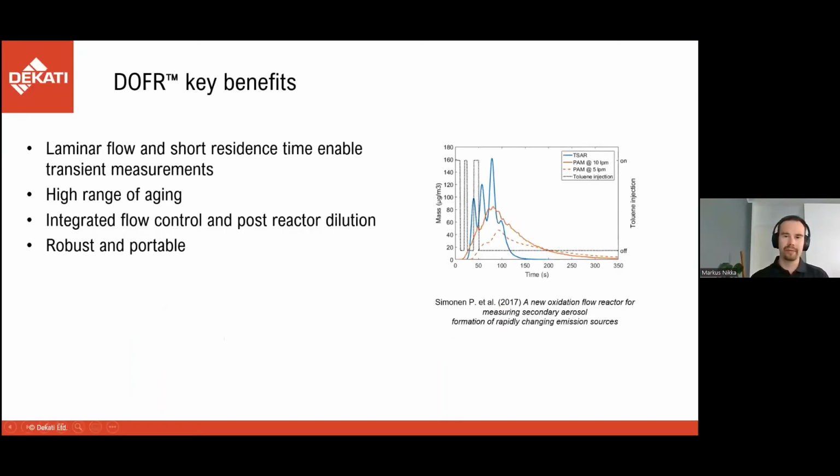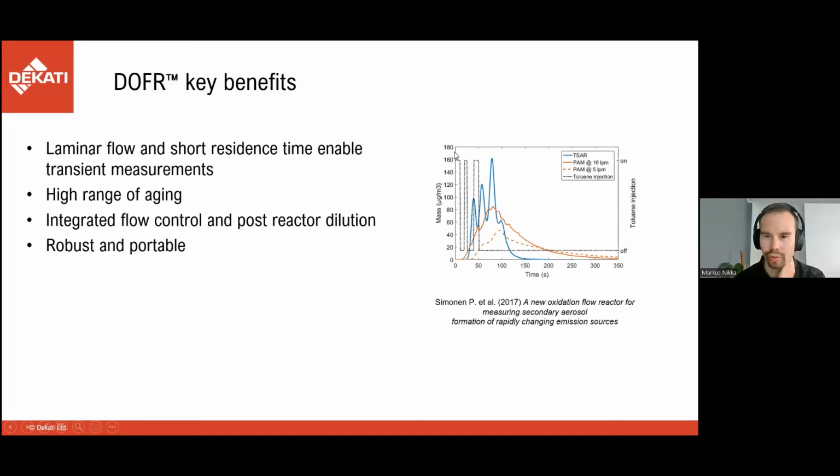So the key benefits of the Dekati oxidation flow reactor are that the flow through the reactor is laminar and the residence time is very short, which enables transient measurements. Here on the right, this is for the Tampere University reactor from their publication, but this describes quite well also our reactor, as the key dimensions are the same.